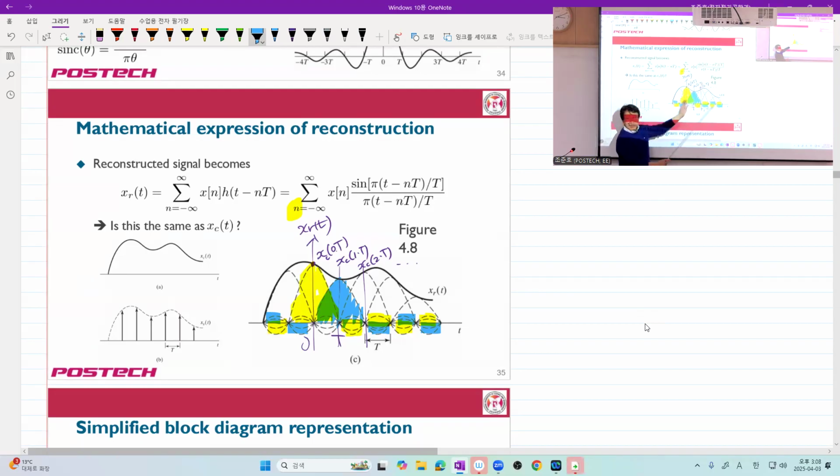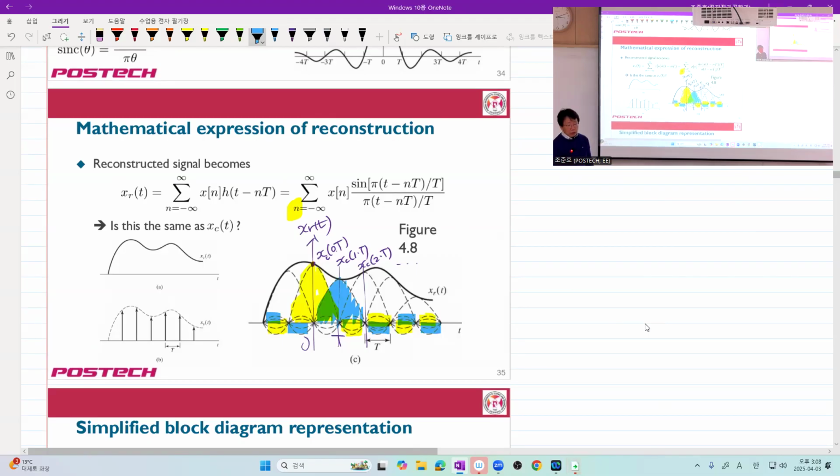You do this procedure countably infinite times for all n, and then you sum up. A lot of signals overlap, and you have some smooth function, right?